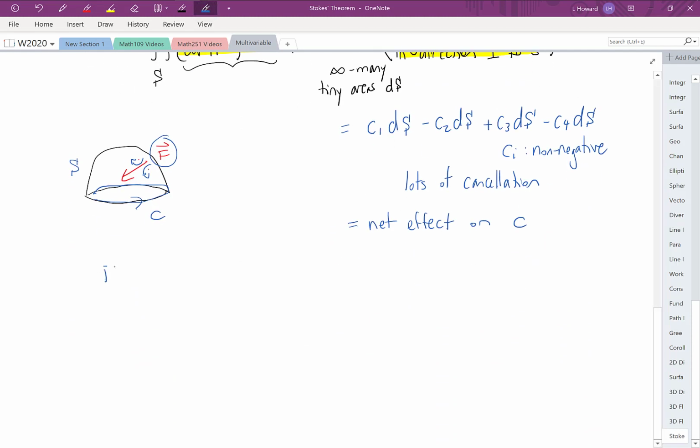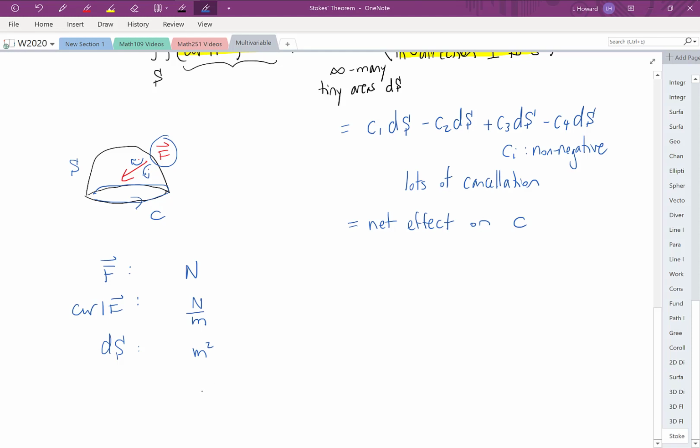So our units for F, we've said F is a force field, so it's going to be in newtons. Curl of F, well, you're taking partial derivatives with respect to x, y, and z of your vector field, so that's going to be newtons per meter. The unit vector, n, little n, is unitless, so we won't write that down here. And then dS, capital S, meter squared.